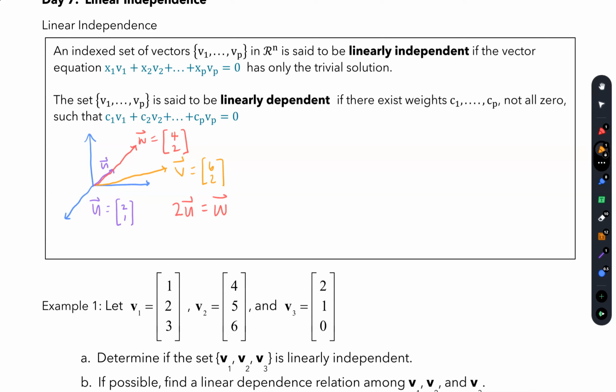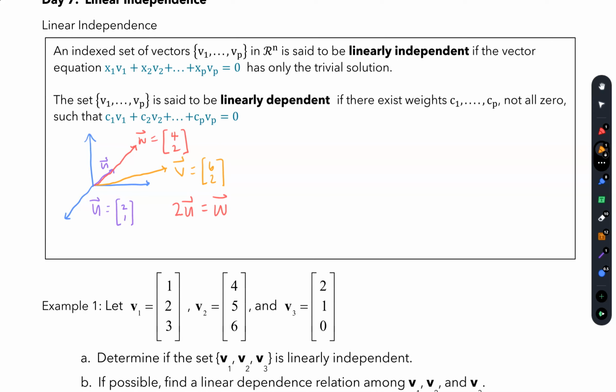So what about vector v and vector u? Are these dependent on each other, or are they independent of each other? They're independent of each other because there is not a scalar I can multiply by u to give me v, and vice versa.